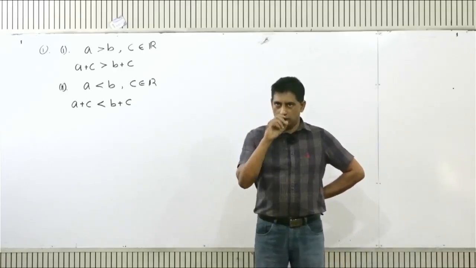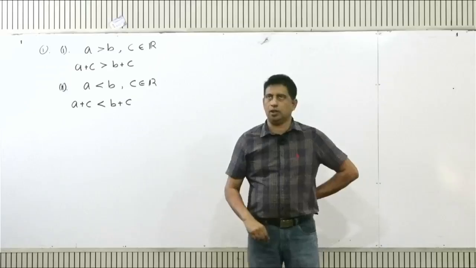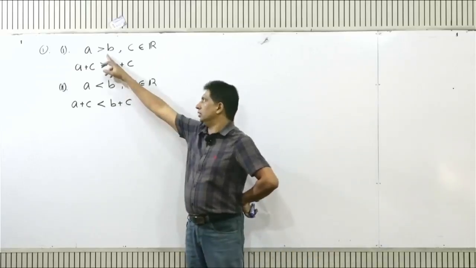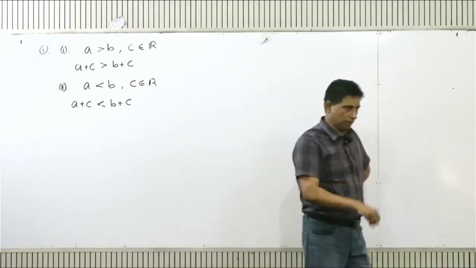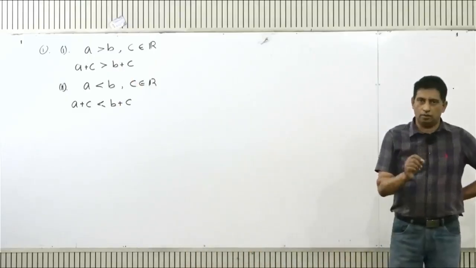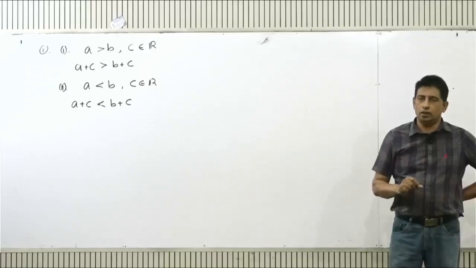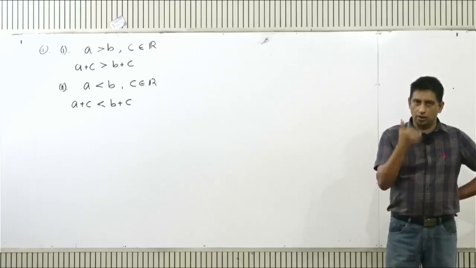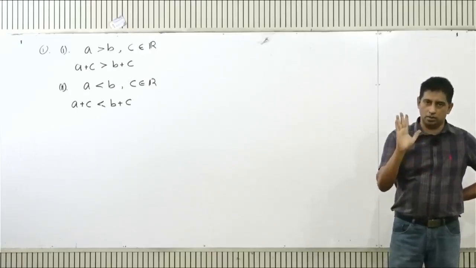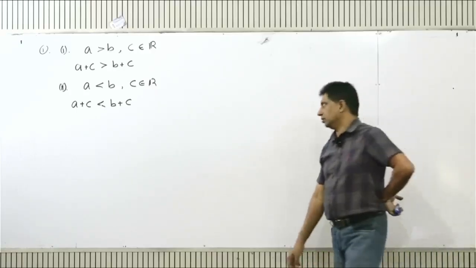If there is any inequality, whether with this inequality mark or this inequality mark, it does not matter. In any inequality, we can add the same real number to both sides, and the inequality mark does not change. That is the summary.